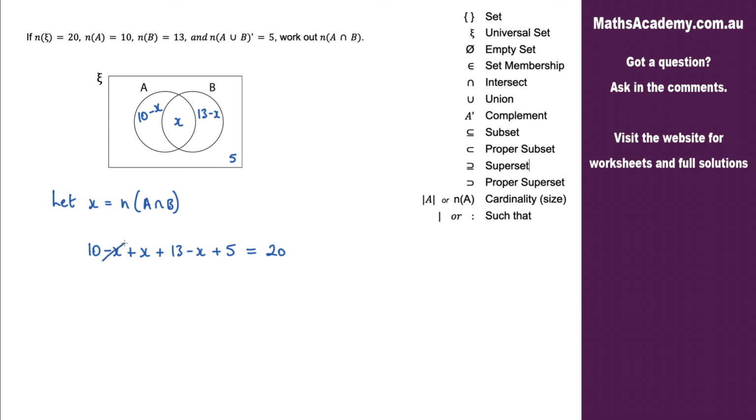This X will cancel with this one. So what we've got so far is that 10 plus 13 plus 5, so we've got 28 minus X is equal to 20. And with a little bit of rearranging, we would have that X is equal to 28 minus 20. So X is equal to 8. So the size of A intersect B is equal to 8.